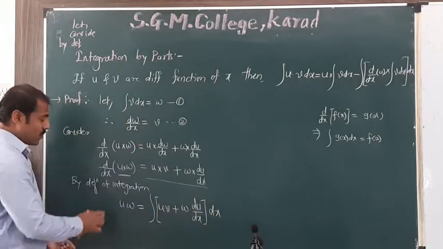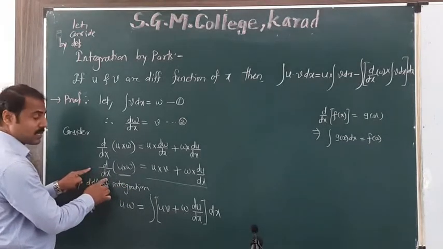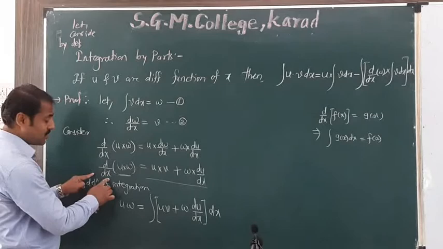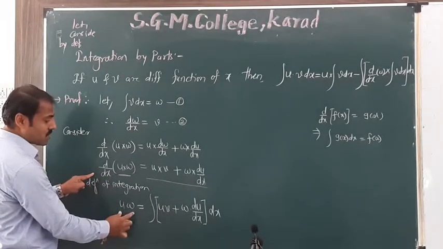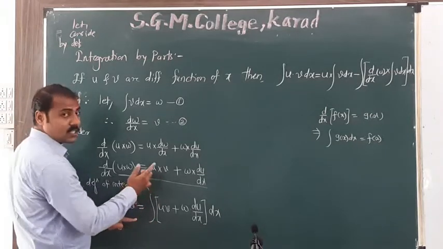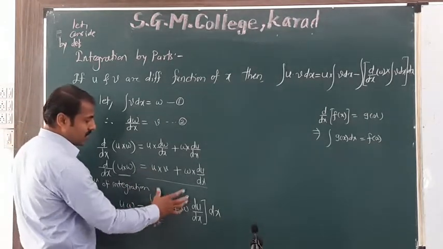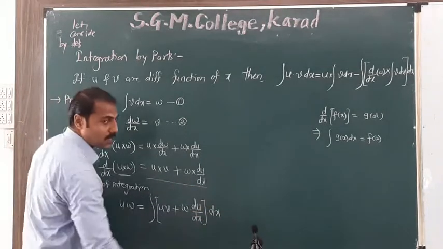Remember, we take integration on both the sides. Integration and differentiation are inverse processes of each other, so they get cancelled, and what remains is u into w equal to the integration of u into v plus w into du by dx with respect to x.